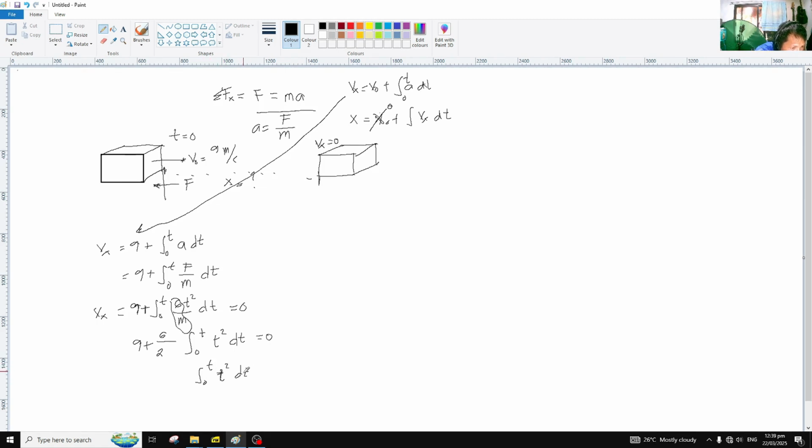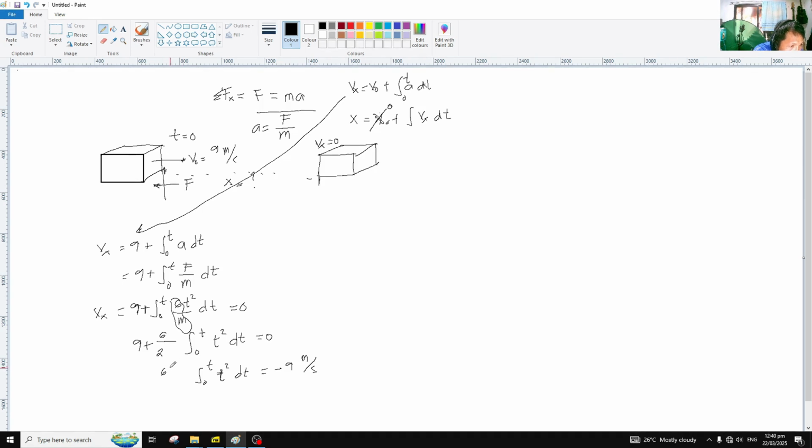The integral of t squared dt is equal to negative 9. Ooh, you have a 9. Is this a plus? Anyway, your acceleration there should be negative. But anyway, let's just proceed. That would be a negative 9 meters per second.